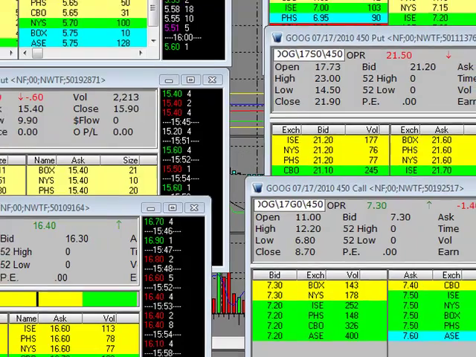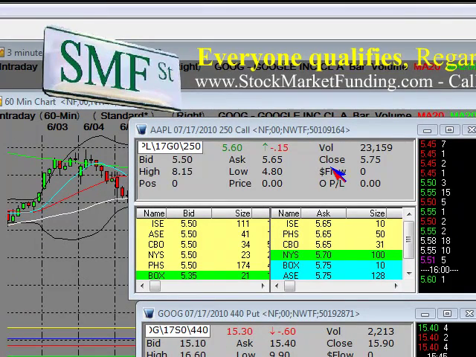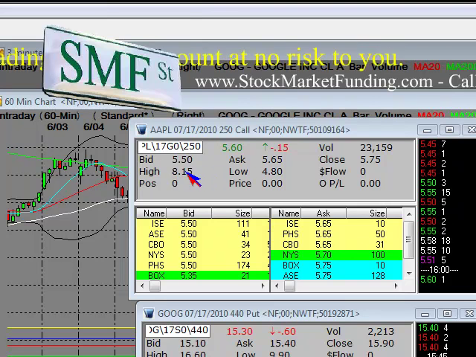Today we're going to look at the various strike prices here. We had the Apple calls being traded today, and the lower end of the wholesale bid was at 480. They did put in that high though, so they ran directly, bam, 575 right on up there. And we had people selling the $250 call.